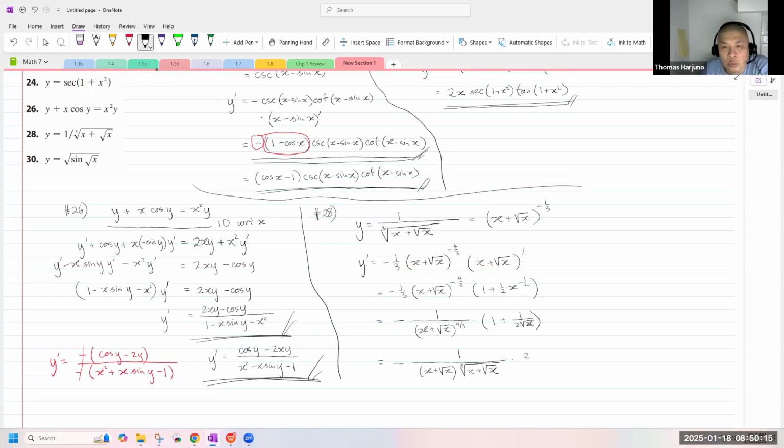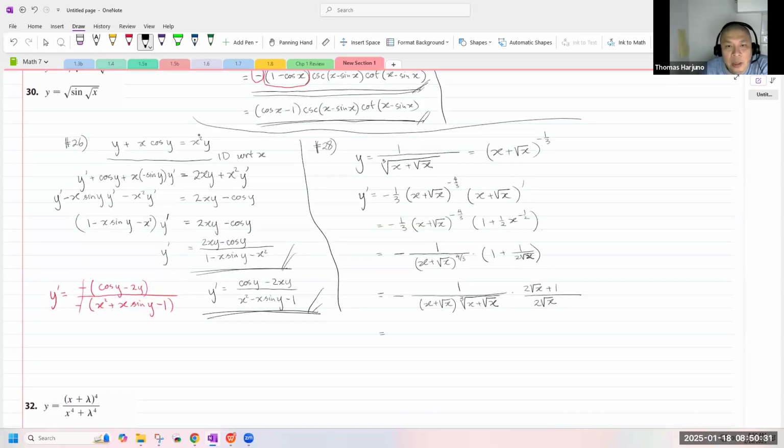So this is 2 square root of x plus 1 over 2 square root of x, which then gives me negative of 2 square root of x plus 1 over... can you imagine what this will be if you multiply this?